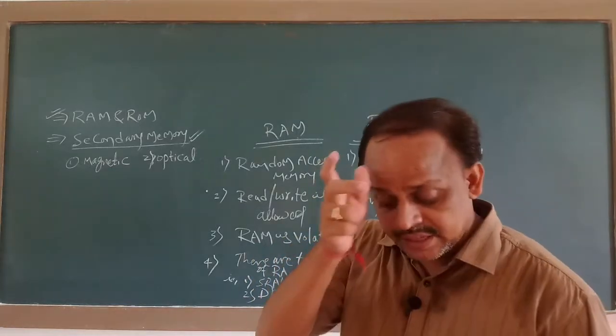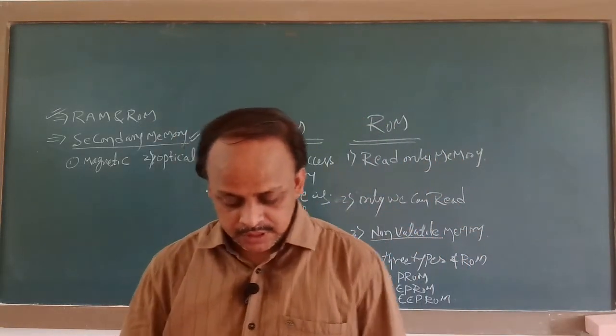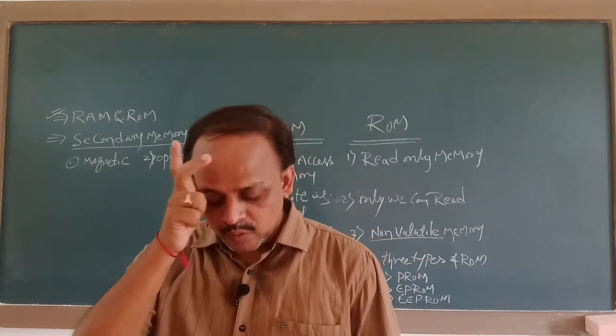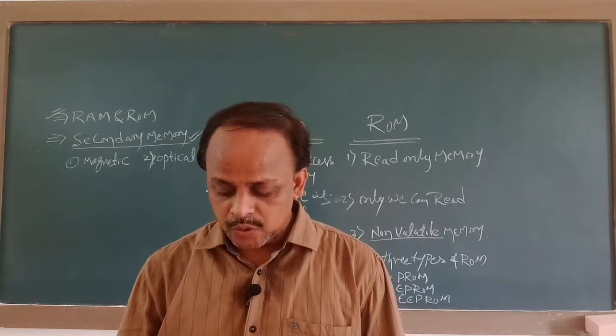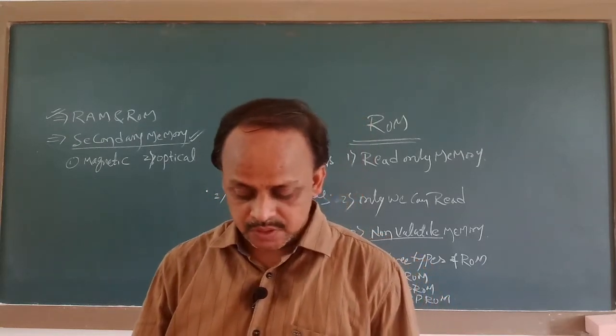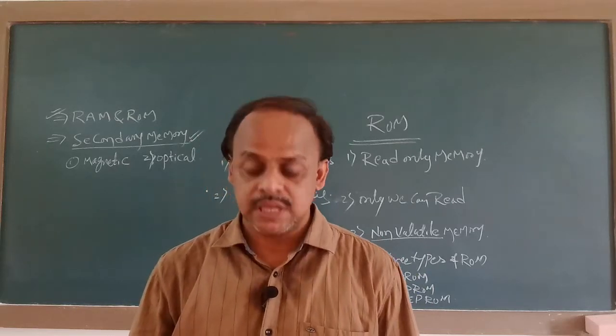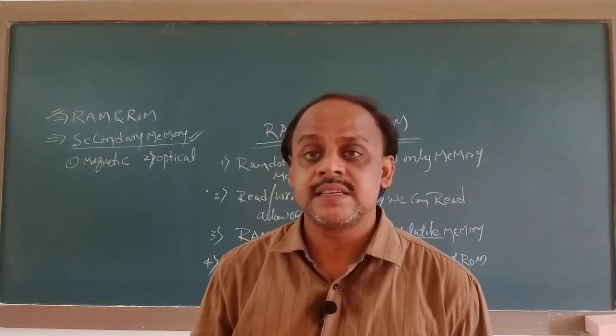Now let us see secondary memory devices in detail. He says the storage capacity of a primary memory is not very large. It cannot hold a large amount of data, including programs which may be needed for processing. The secondary storage devices are necessary.